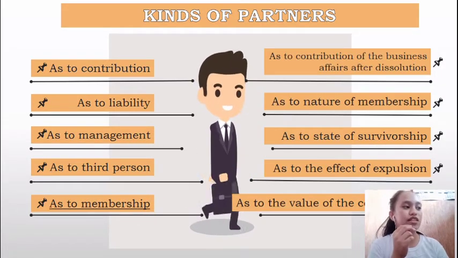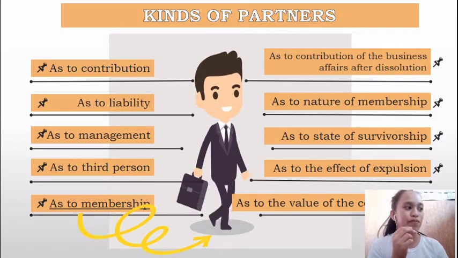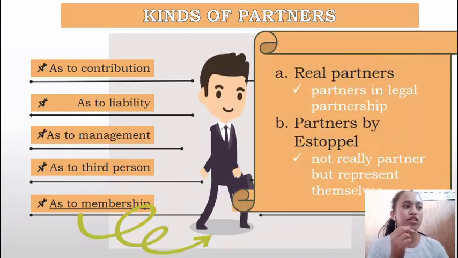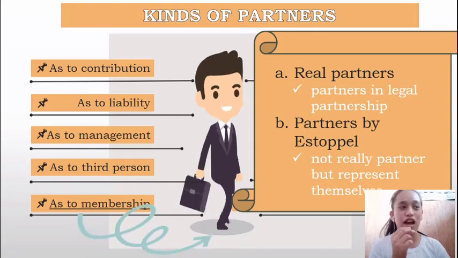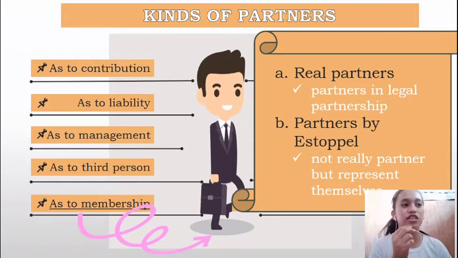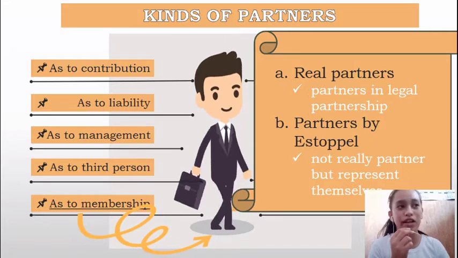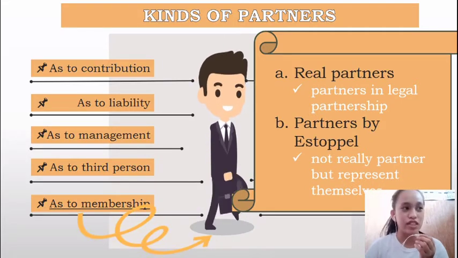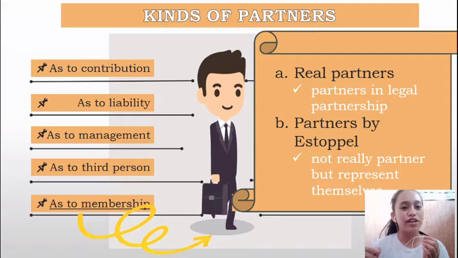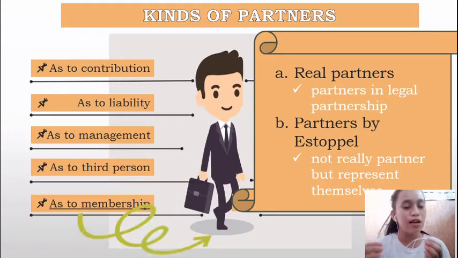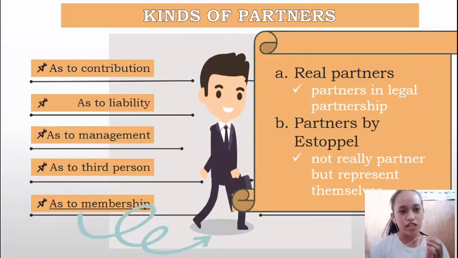The next partner is as to membership. Partners as to membership could be either real partners or partners by estoppel. Real partners are partners in a legal partnership, technically part of the partnership.